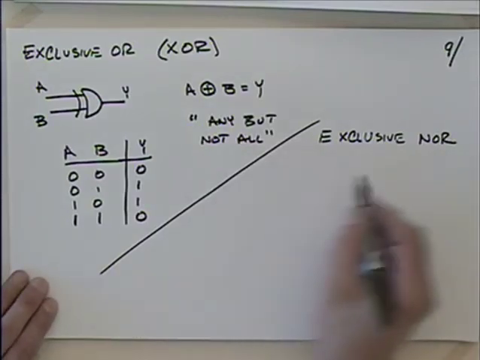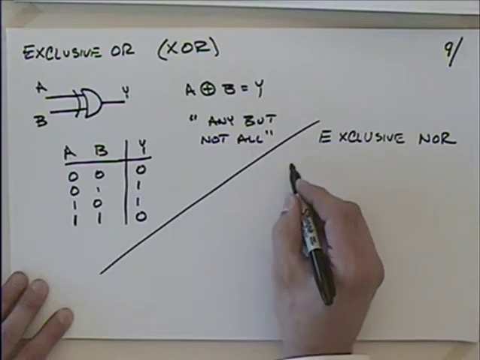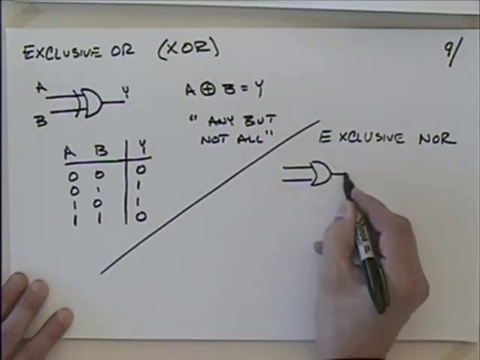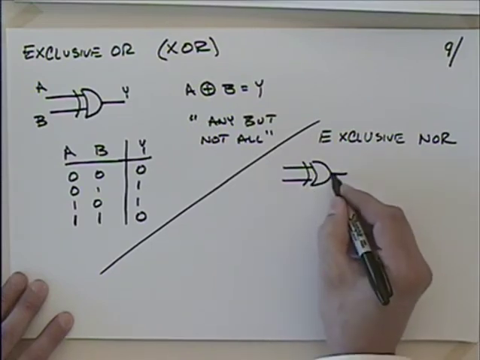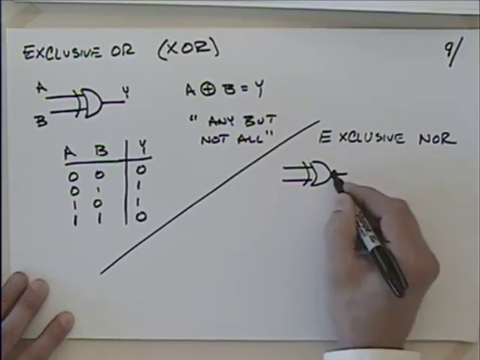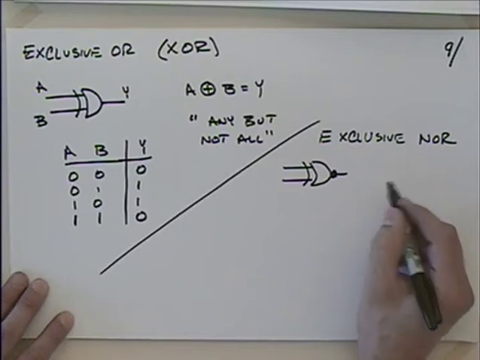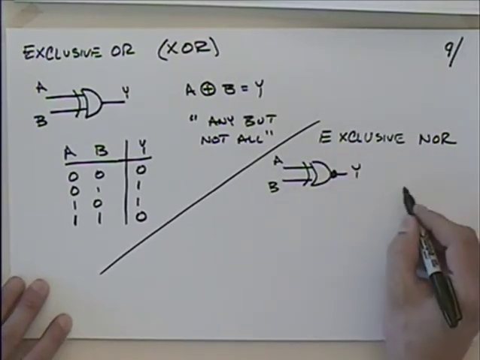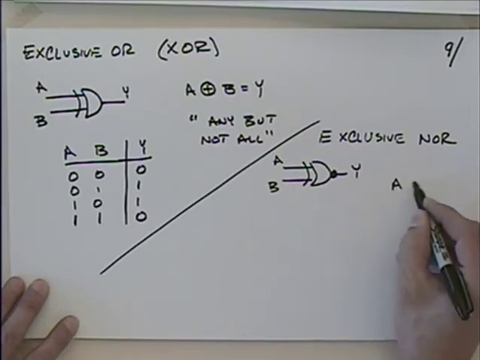So we're going to invert what we just did. So this will look like this. And then we put an inverter bubble there. A, B, there's our output. The Boolean expression is exactly the same.